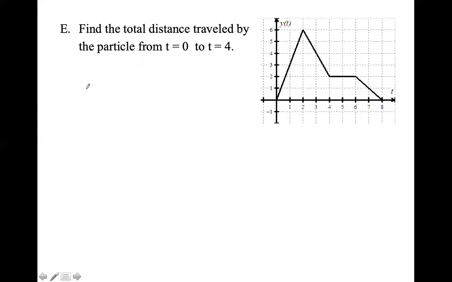So it's going to be the integral from 0 to 4 of the square root of (dx/dt) squared plus (dy/dt) squared. dx/dt is going to stay the same throughout, but dy/dt changes as I go from 0 to 4.